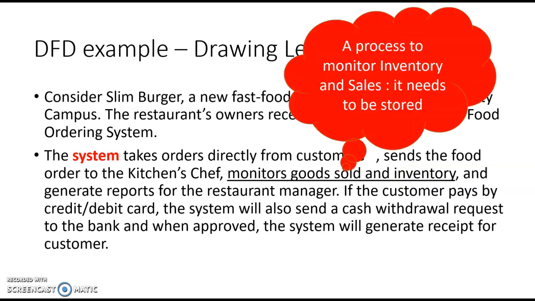So it's a process to monitor the inventory and the sales. And when I need to monitor something, it means I have to store it to check what I have left from inventory, and what kind of sales I made throughout a full month or a full week. Anyway, I need to store this information.